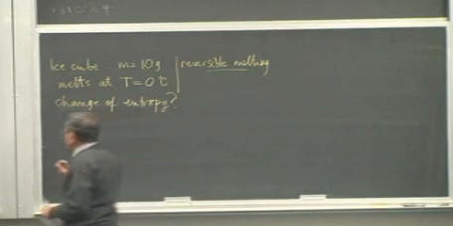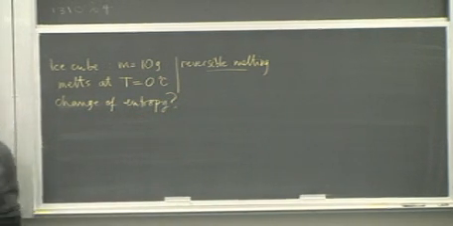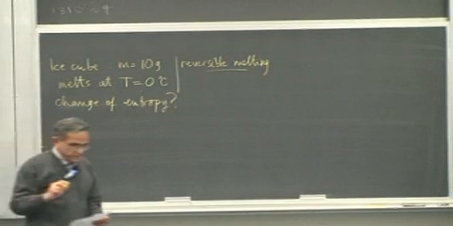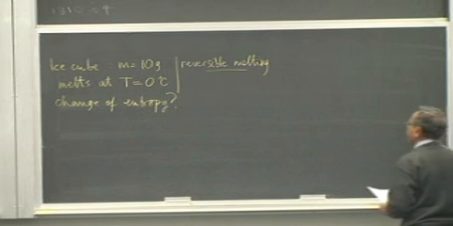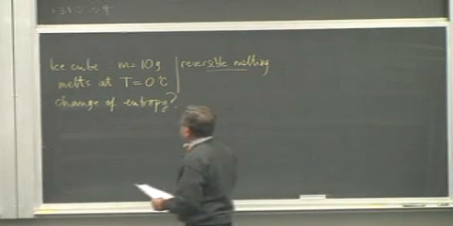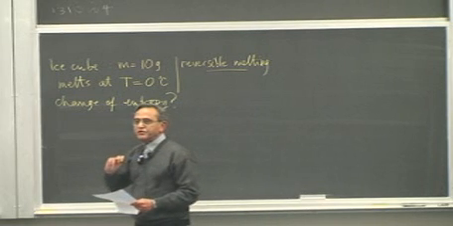Now for this change of entropy, we would need to know the amount of heat that is consumed in the process. And therefore, the amount of heat we would need to know.